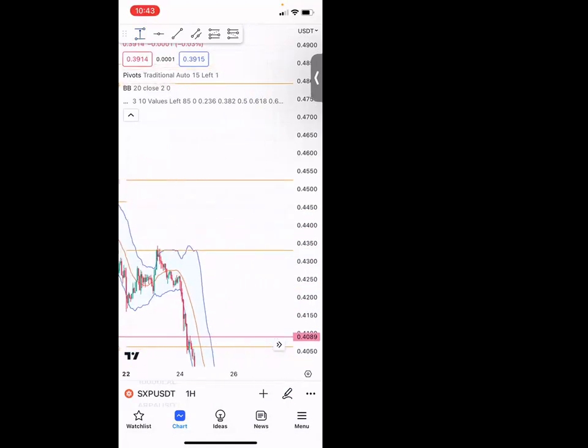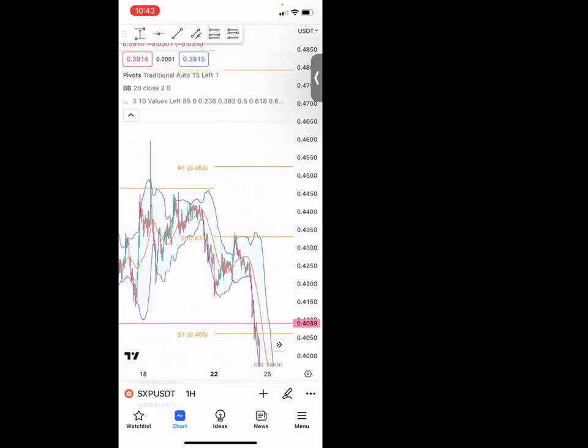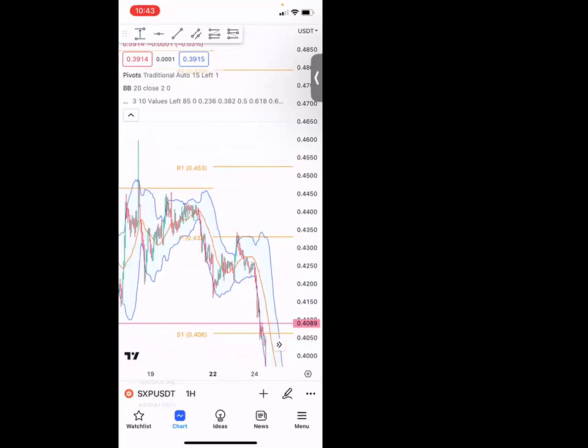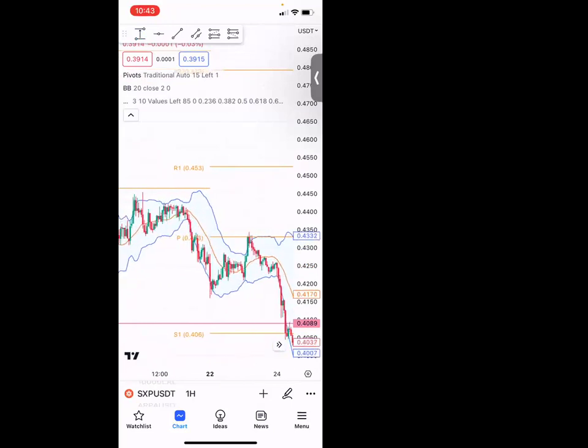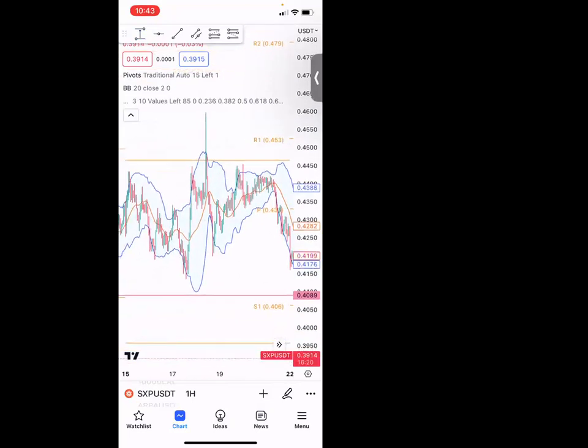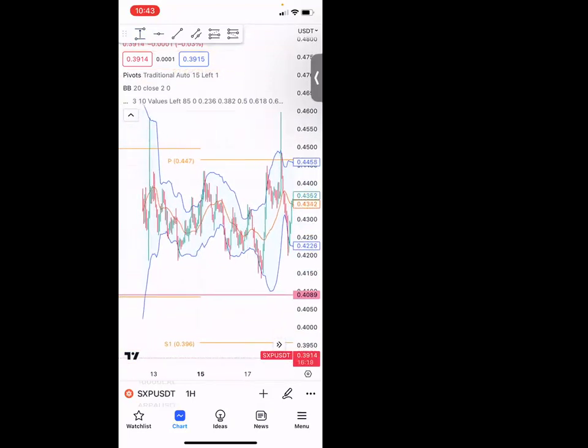Okay, so ladies and gentlemen, that's how I use the Bollinger Bands and the pivot. Make sure when you enter, you target either the middle band if you realize that there is small profit, so you can target before the next resistance.